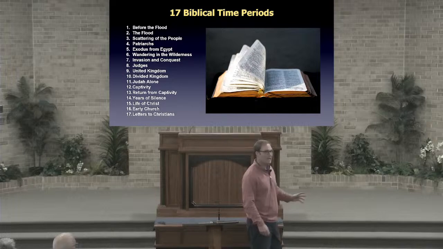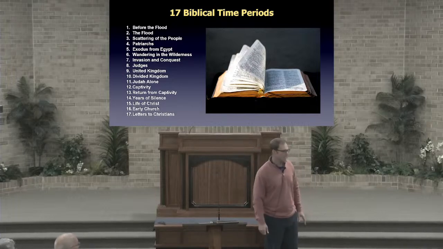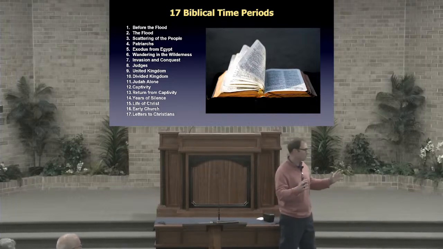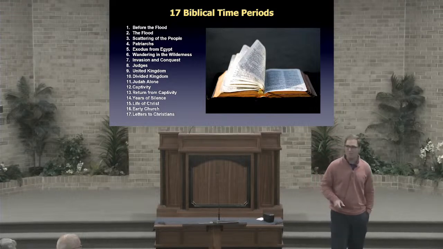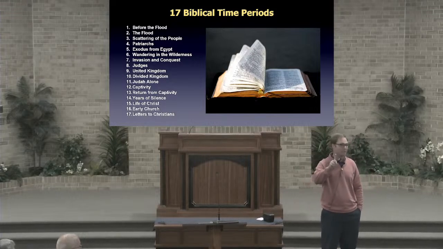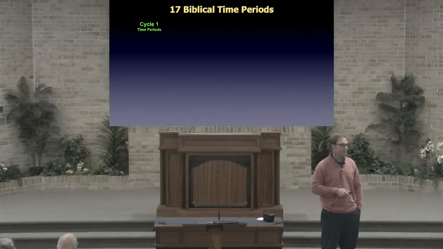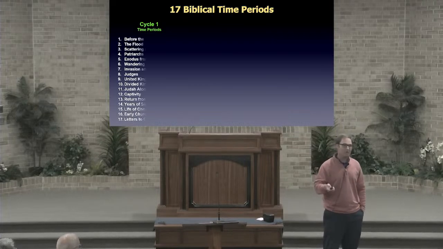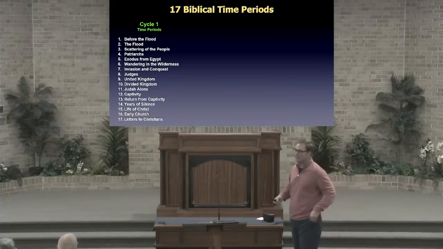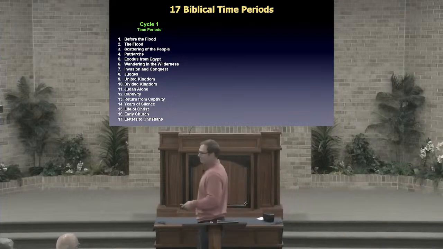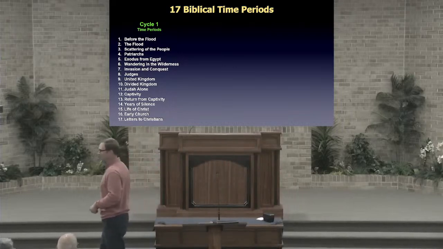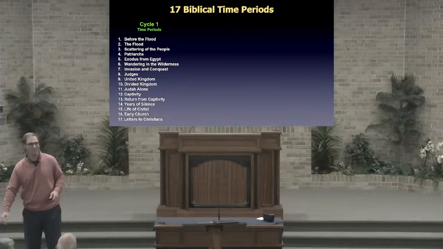So I really like what Brother Waldron has done here, dividing the scriptures up into these 17 time periods, and this is the first cycle. So cycle 1, memorize these 17 time periods. We're going to go over it tonight. Okay? We're going to work on these tonight.